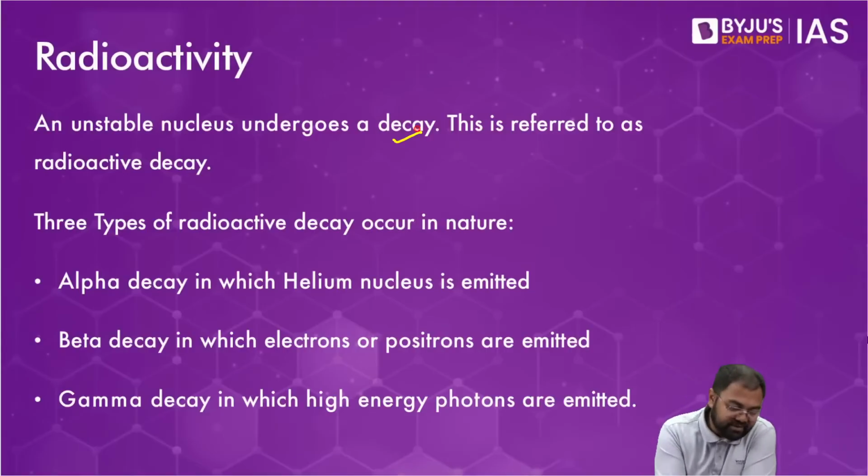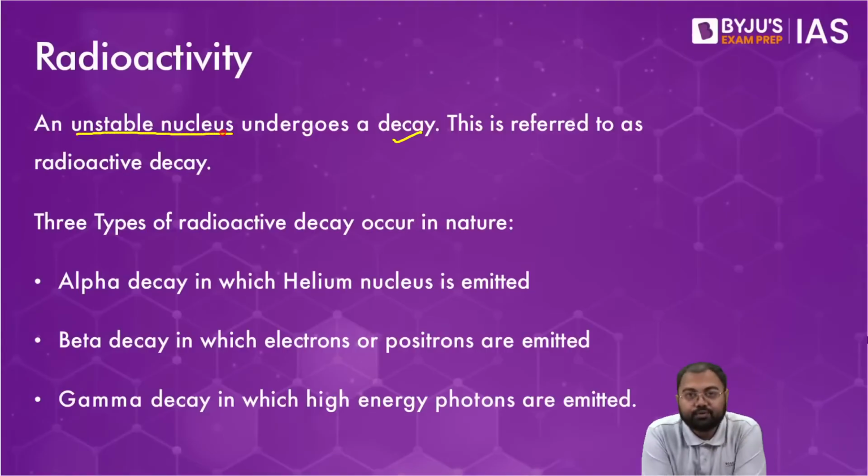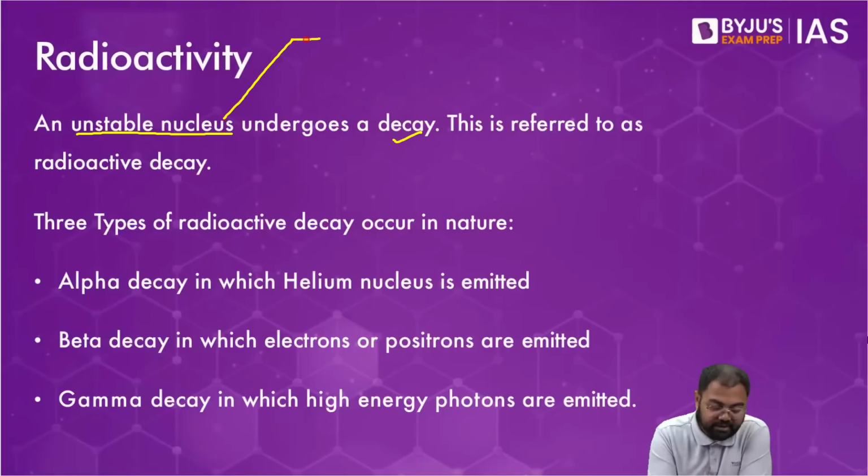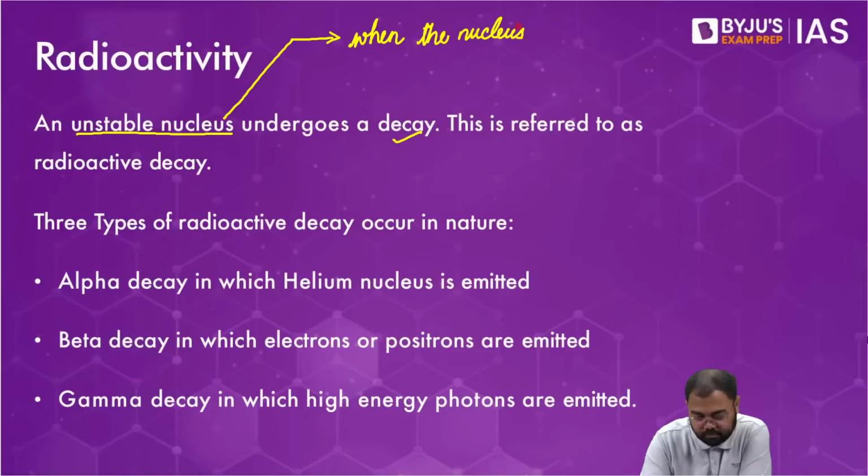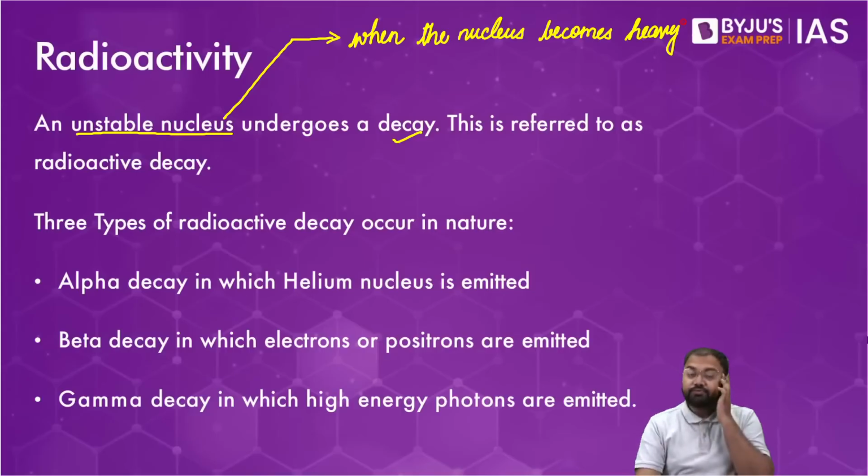Now, first and foremost, when we say unstable nucleus, what is the meaning of unstable nucleus? How do we see that any nucleus becomes unstable? There are basically two ways in which any nucleus can become unstable. First way is when the nucleus becomes heavy, meaning when the number of protons is very high.